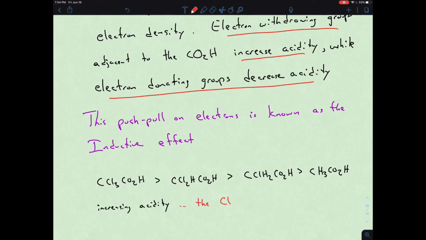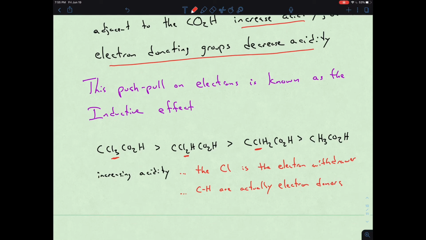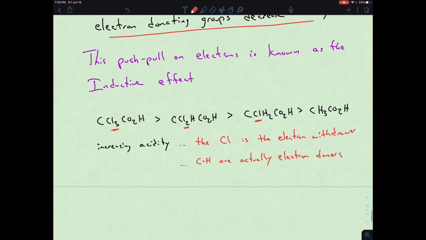This Cl is the electron withdrawer, and so we can see we're going from 3 to 2 to 1 to 0. Carbon and hydrogens are actually electron donors. So that's why we see the increase the way we do.